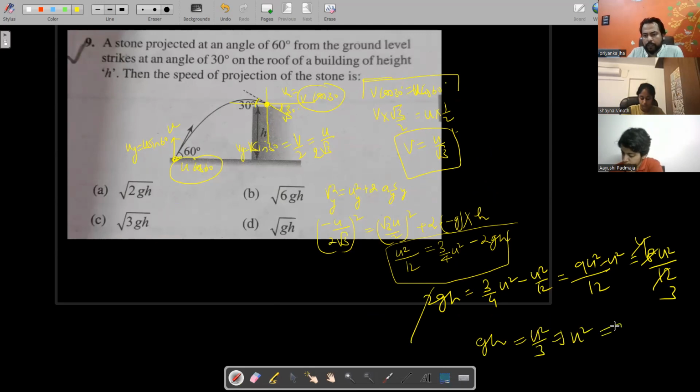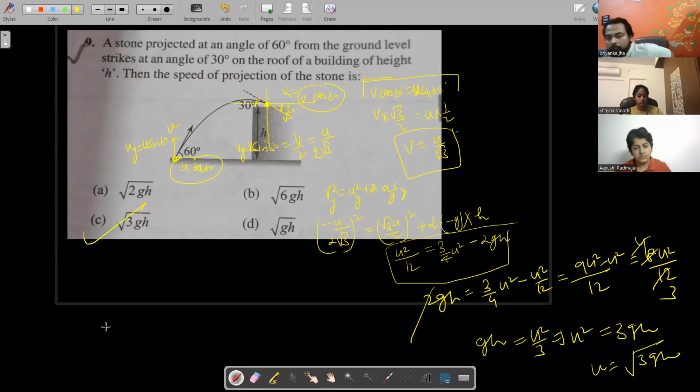So U square is 3GH. So U equal to under root 3GH. Understood? This is the answer. Understood, guys? Yes, sir.